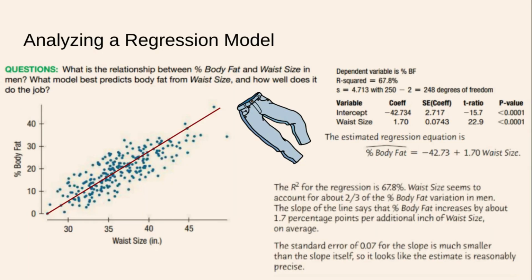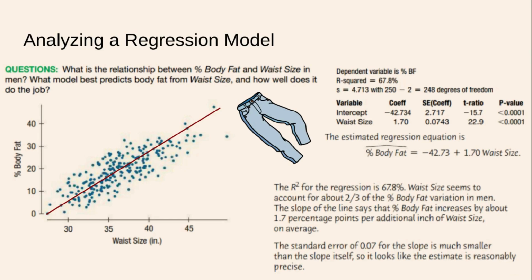So the R-squared for the regression line is about 67.8%. Waist size seems to account for about two-thirds of the percent body fat variation in men. All right, let's pause there for a second. R-squared is variation accounted for.